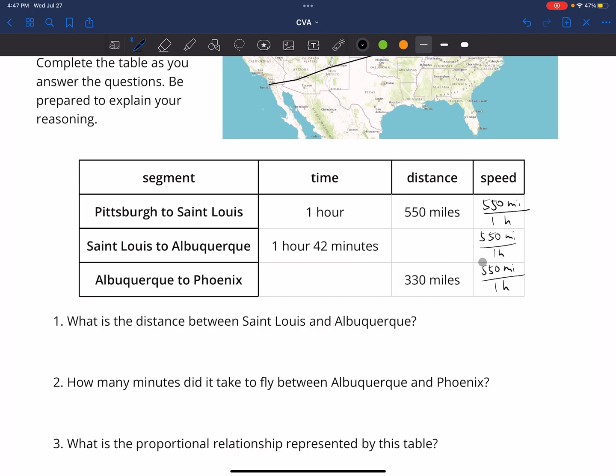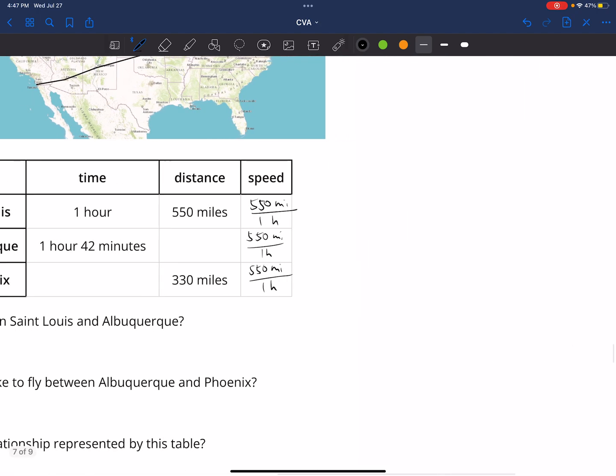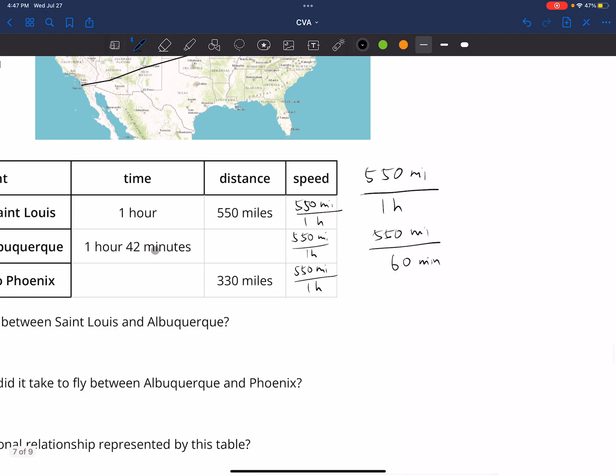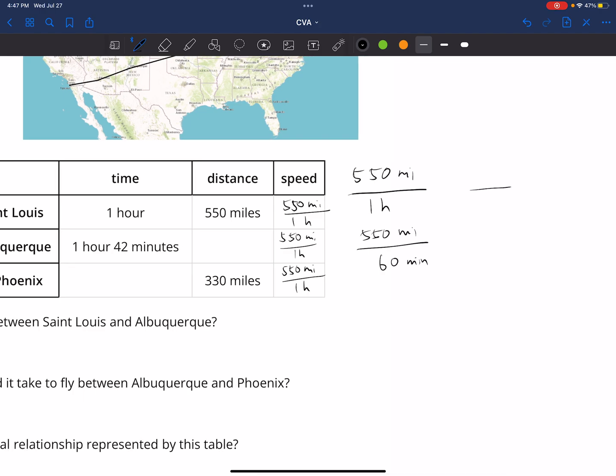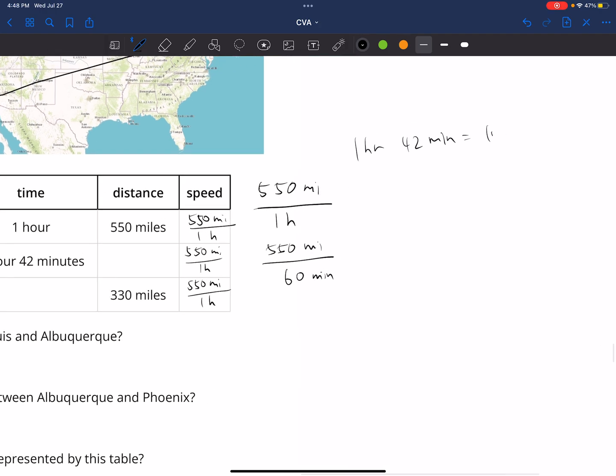So I'm going to do some algebraic manipulation, which I think is pretty awesome. 550 miles per 1 hour is the same thing as 550 miles per 60 minutes, because 1 hour is 60 minutes. And 1 hour and 42 minutes is the same as 102 minutes, because 60 plus 42 is 102.